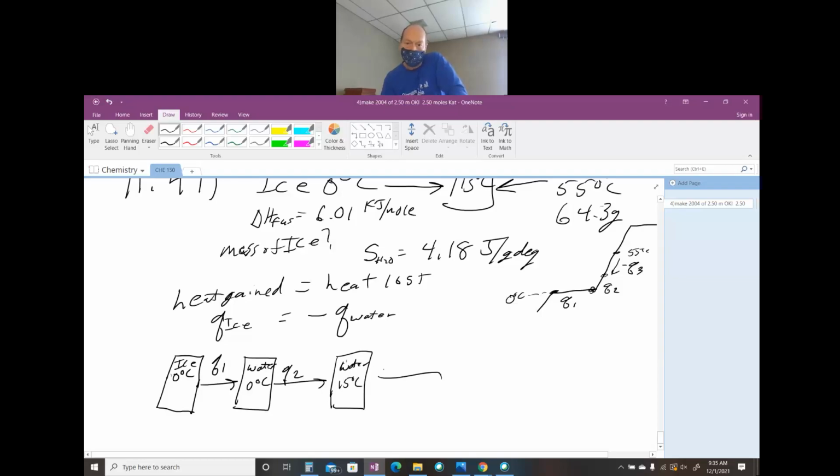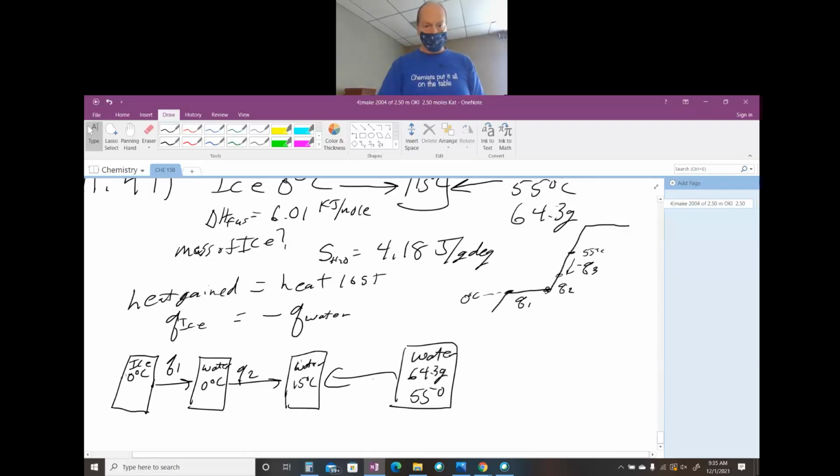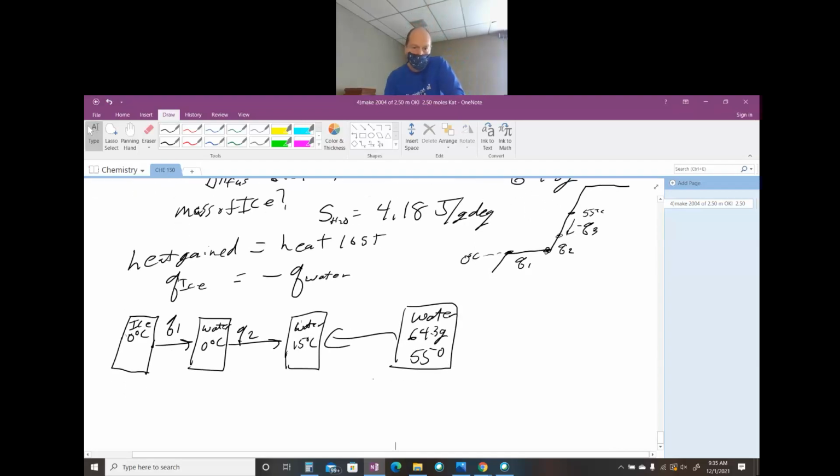On this side, I have my water, and I have the amount, 64.3 grams, at 55 degrees Celsius, and I have to cool that down to 15 degrees Celsius. So when I'm done, I'm going to have the mass of water plus the mass of ice at 15 degrees Celsius.